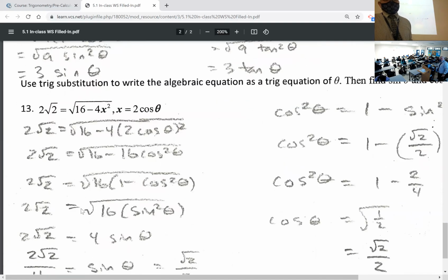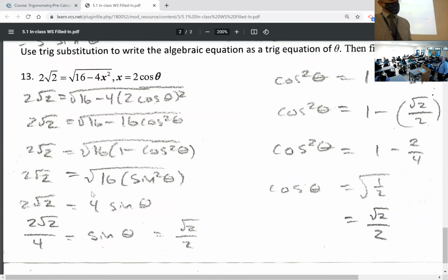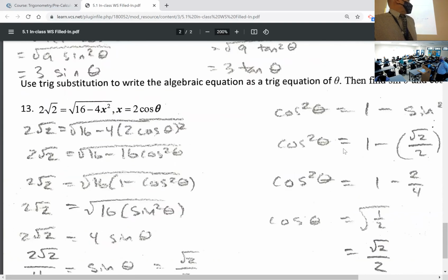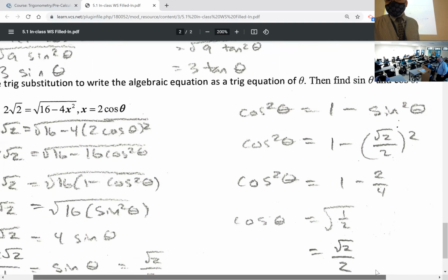Now I can do a little bit of work with this. Divide both sides by 4. Sine theta is equal to the square root of 2 over 2. Well, I know that cosine would also be square root of 2 over 2, but let's just try it here. Cosine squared is equal to 1 minus sine squared. Cosine squared is equal to 1 minus square root of 2 over 2, that should be squared.